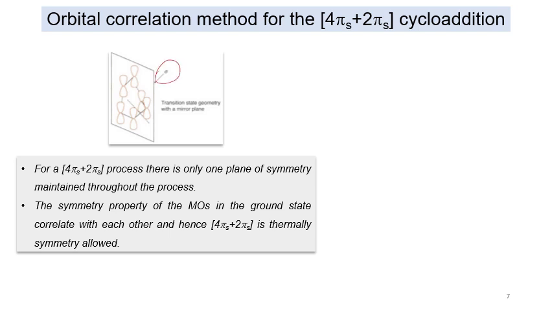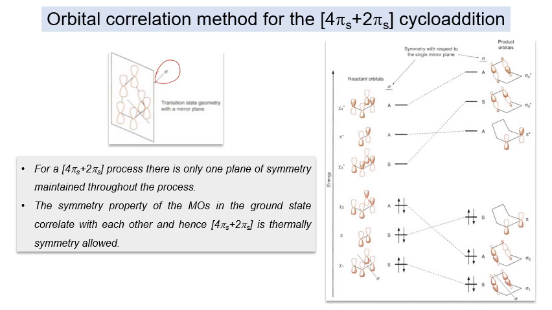And the symmetry properties of the molecular orbitals in the ground state correlated with each other, and therefore the 4pi s plus 2pi s was found to be thermally symmetry allowed. So there was no crossing of the non-bonded level, and the symmetry properties in the ground state correlated with each other.